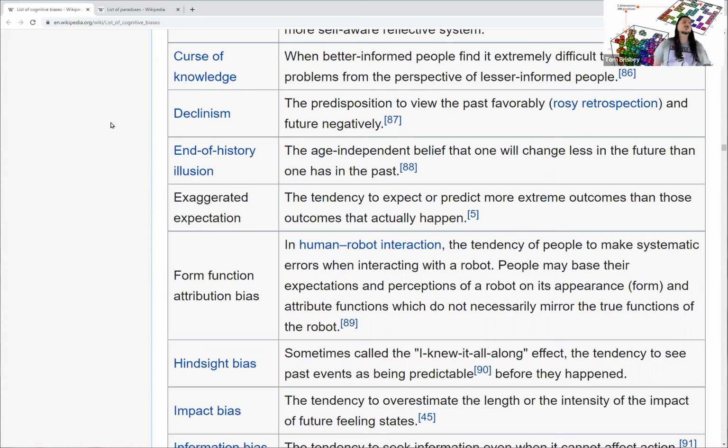Declinism, the predisposition to view the past favorably and the future negatively. Yeah, well, you and everyone else who liked watching the shows they watched when they grew up and thinks that current TV is garbage. And I can say that no matter what age you are, because that's what happens. Food tastes better.